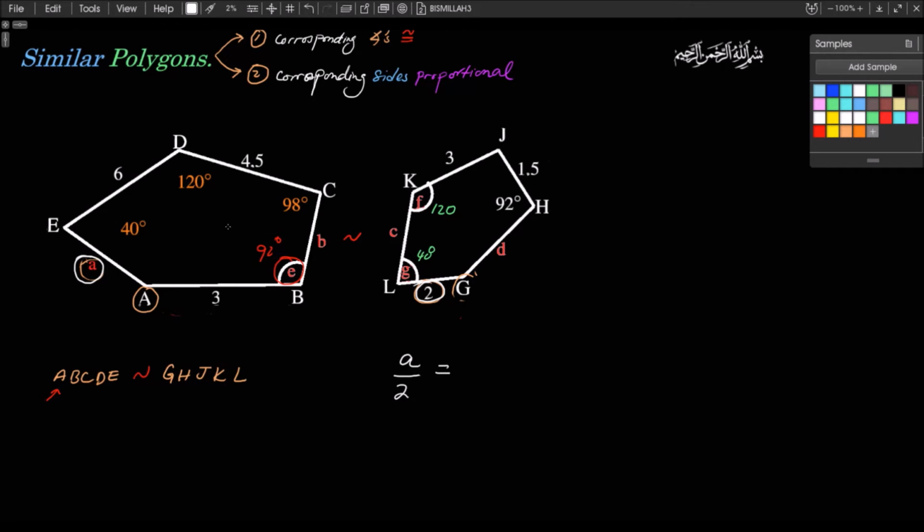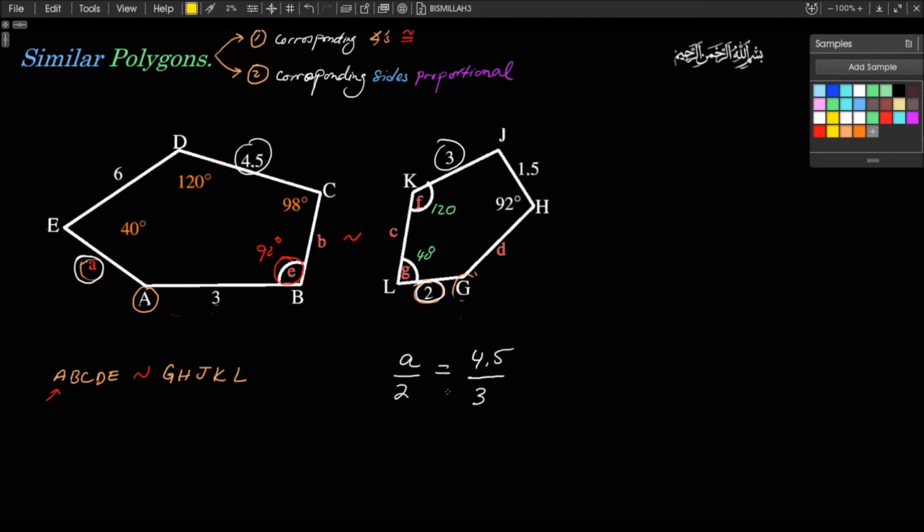Well, I can't pick this side because over here is another unknown. Okay, so let's not pick those two sides. How about this side over here? Yes, I could do that because those two sides I know. So A over 2 has to be equal to 4.5 over 3 because all sides have to be proportional.